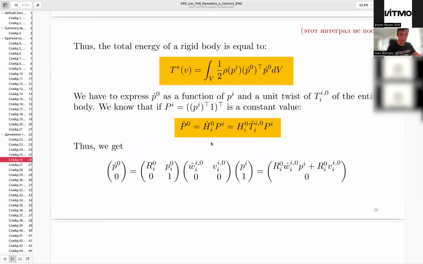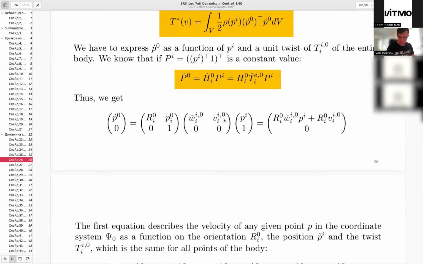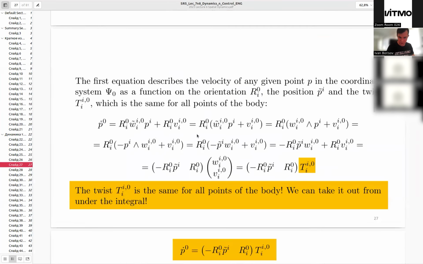Just a reminder. So we have written this formula, and you can do this matrix representation, and you will get a lot of messy terms here. We're not going to derive it, we're just going to waste a lot of time. But I will write down the final result right now.